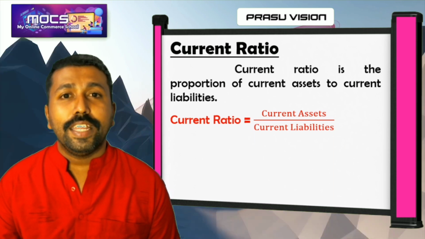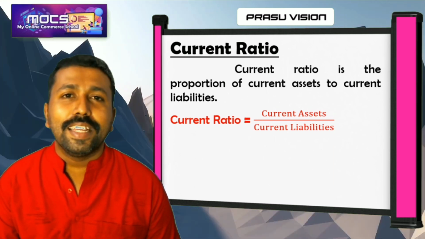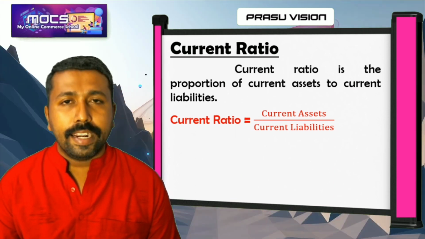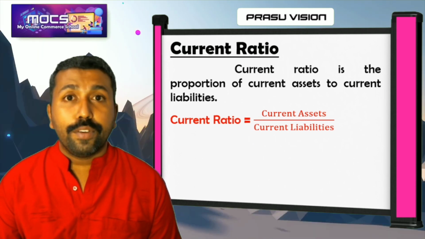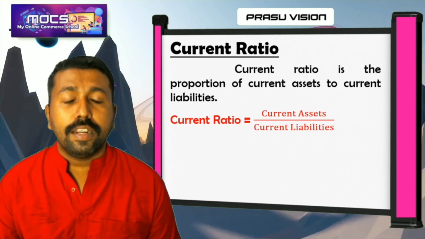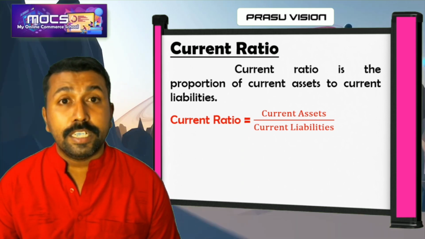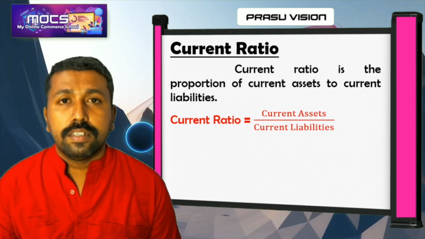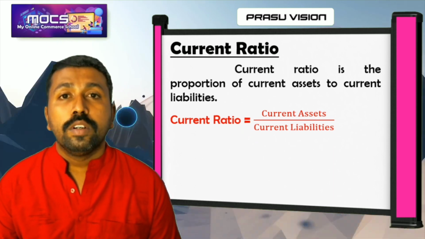We have to find out the total of current asset by adding all the items coming in the current asset, and also we have to find the total of current liability. Keep in mind we can face an objective type question from this area. Normally seven objective type questions are there in Part B. We can face around two or three questions from accounting ratios.